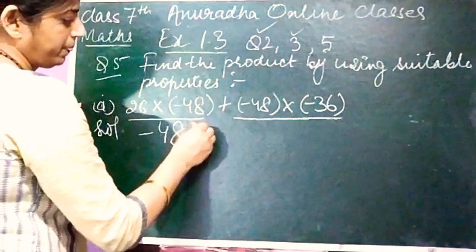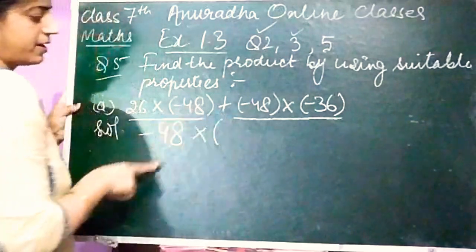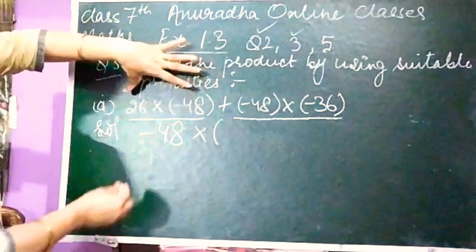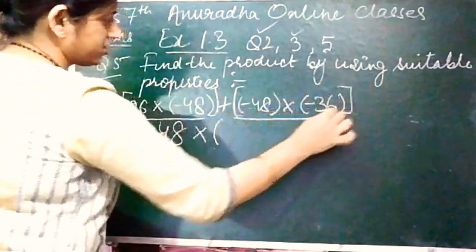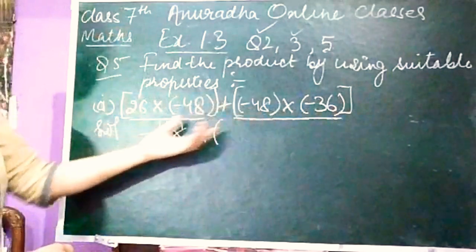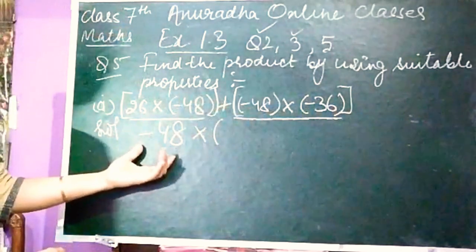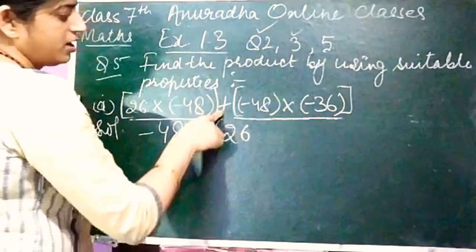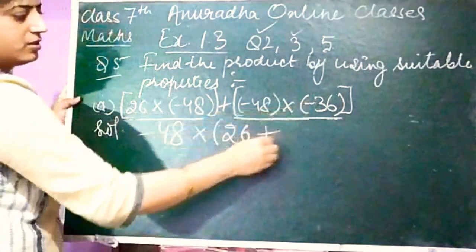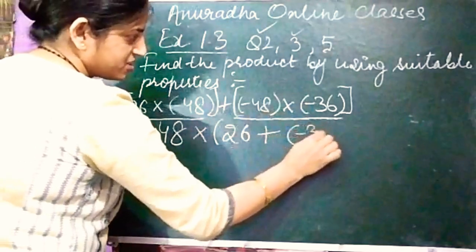Then into, and in the bracket, what will you write? From this one and this one. These are the two groups. You have taken out 48, minus 48. What is left? See, here it is 26 and plus sign, then this is minus 36.